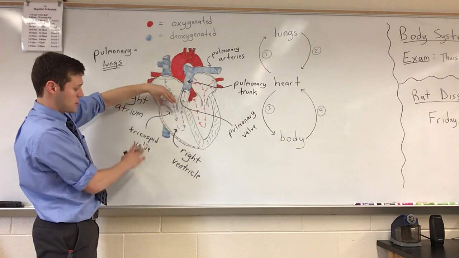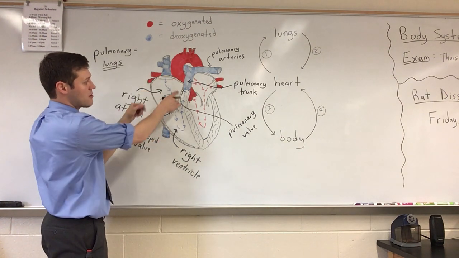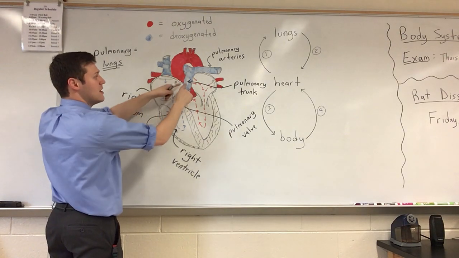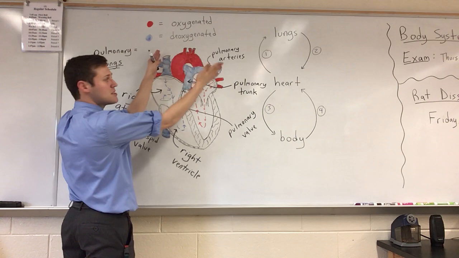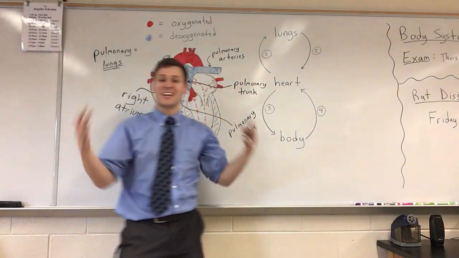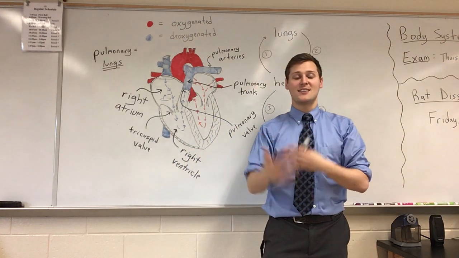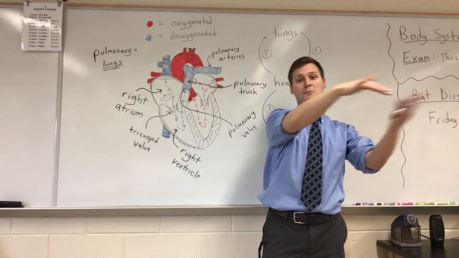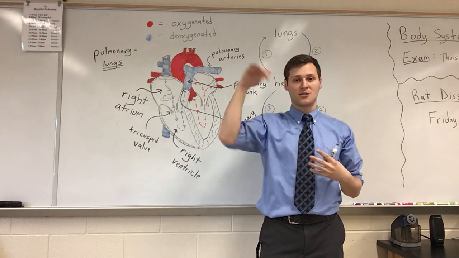So the tricuspid valve closes, the pulmonary valve opens, and the blood is pumped into the pulmonary trunk, and then it diverges through the pulmonary arteries towards the lungs. There it's going to pick up oxygen, and in the next video I'll talk about how that blood coming back from the lungs is going to move through the heart.